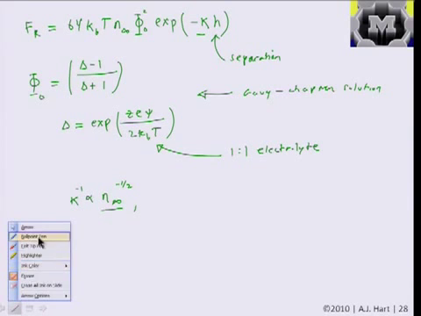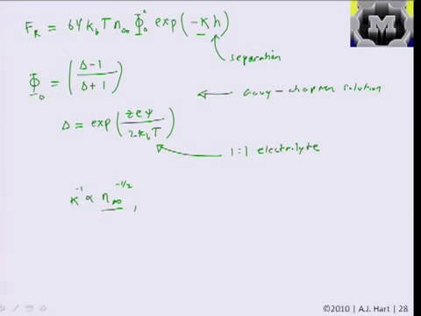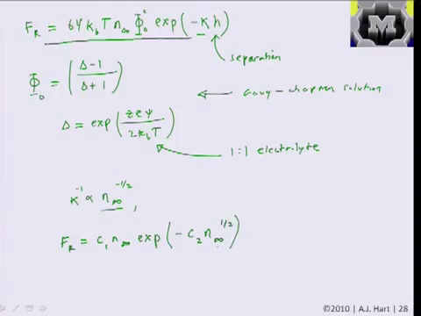Then we can rewrite this as f sub r being, say, one constant times the salt concentration times the exponential function times the quantity like so. And as we change the salt concentration, this term will dominate.